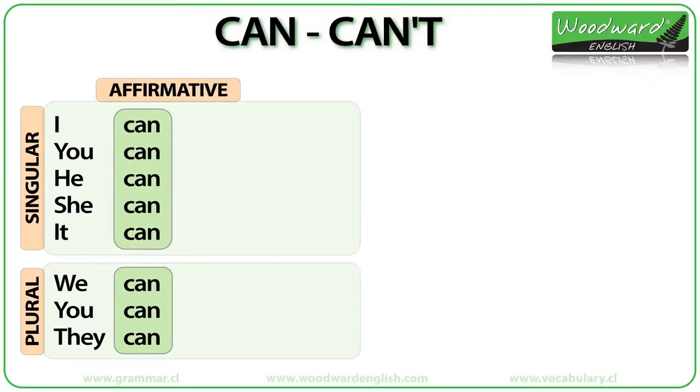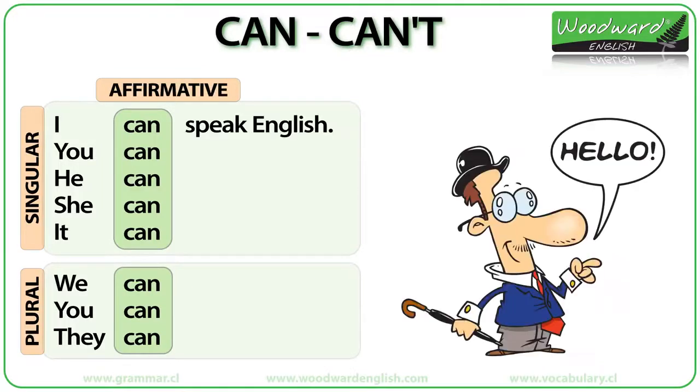You can see we use can with all subjects. I can, you can, he can, she can, it can, we can, you can, they can. Let's see some examples. I can speak English.